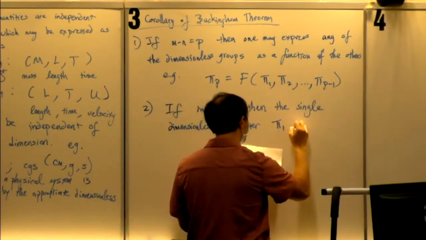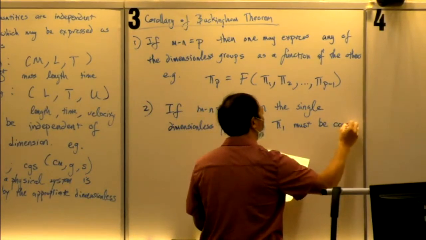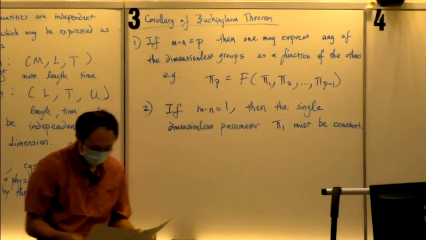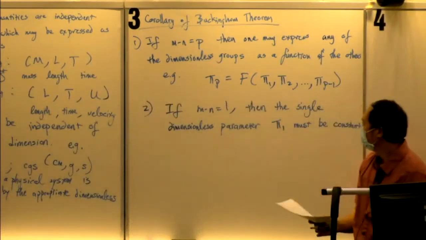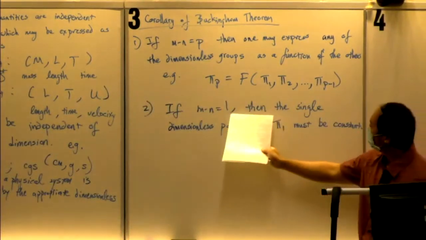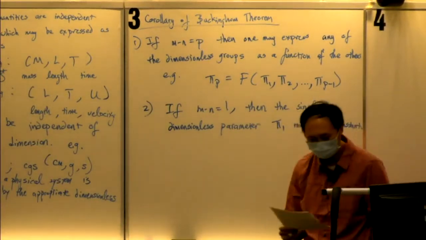So this is where dimensional analysis actually gets into the world of physics. It tells you that if you've got only one group, then that group has to be a constant that depends on how you measure it from your experiment.